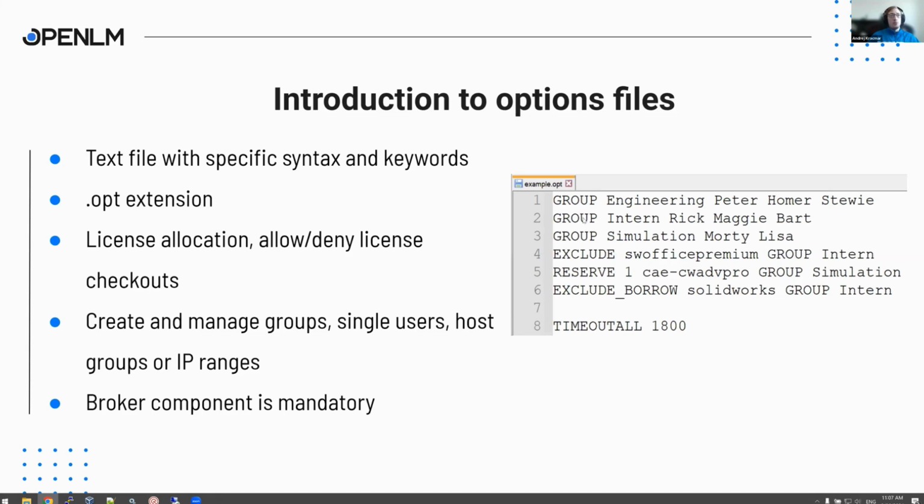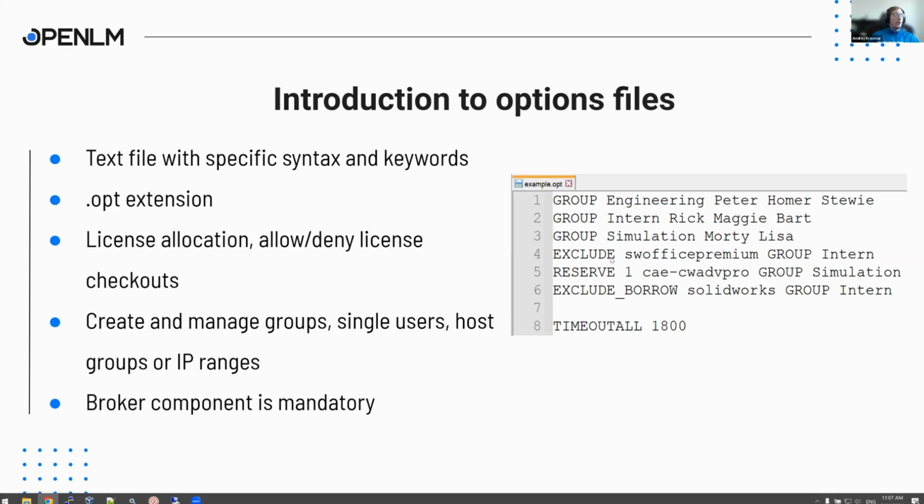So you can create multiple groups. You can then manage the access to the licenses, to the features, to the end users or groups. What you can do as well, you can include or exclude access. Excluded access means that a specific user or a specific group won't have access to the features you are defining here in the option file.